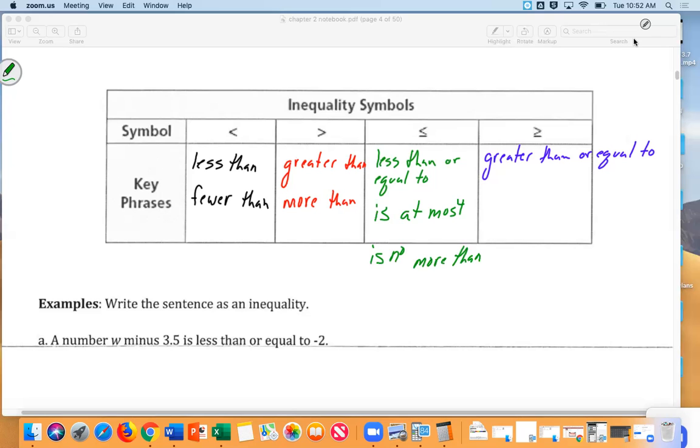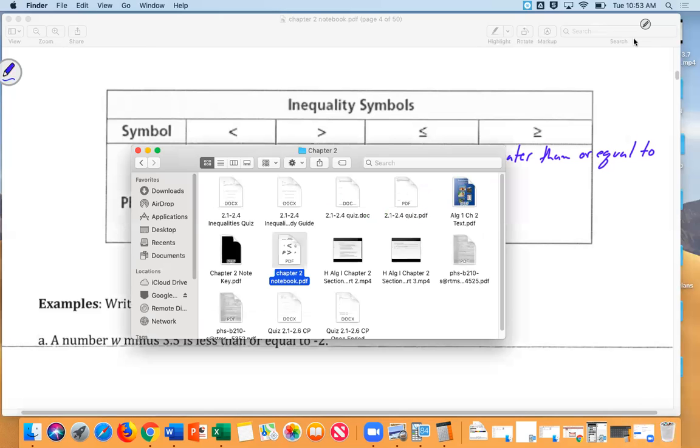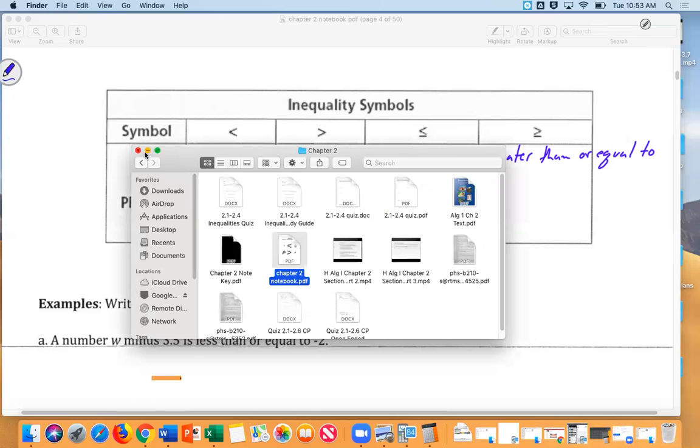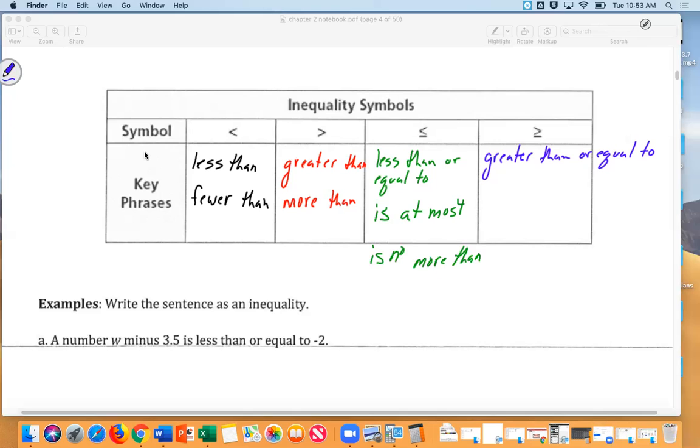Again, you're talking about more, and then the symbol is actually called less than or equal to. That's why I find that confusing.